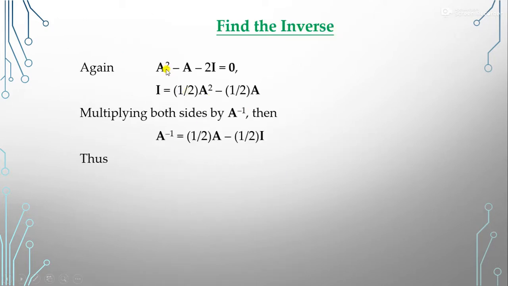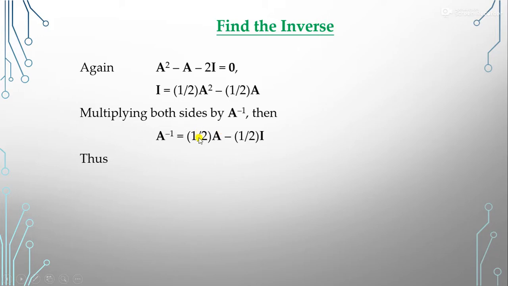We have this expression A square minus A minus 2I is equal to 0. From here, first we calculate the identity matrix, which is 1 upon 2 A square minus 1 upon 2 A. Now we need to calculate A inverse, so we multiply by A inverse on both sides. It becomes A inverse is equal to 1 upon 2, and when we multiply A inverse by A square, it becomes A, and A inverse A becomes our identity, right?